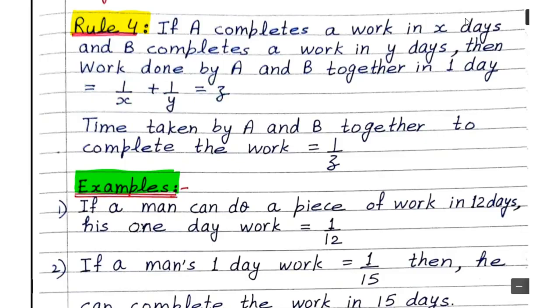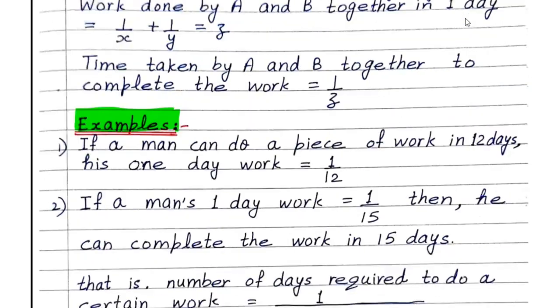So the time taken by A and B together to complete the work is 1 upon Z. Is it clear? Now children, let us discuss a few examples based on this.